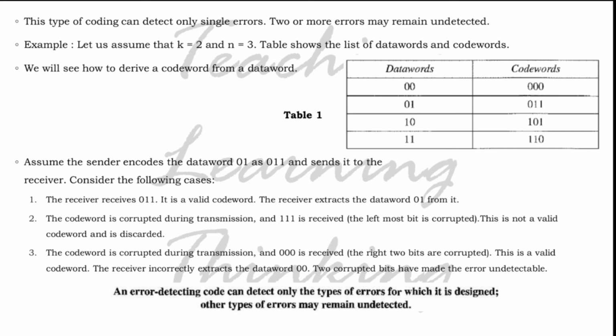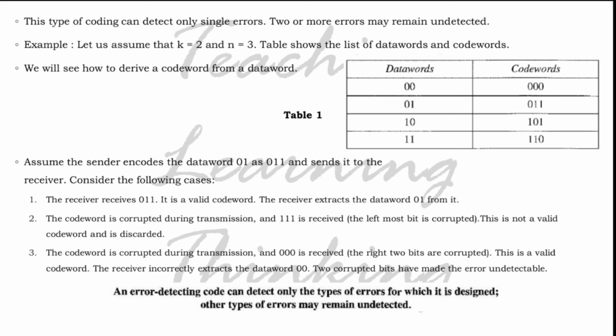The rightmost 2 bits are corrupted. This is a valid code word, so the receiver incorrectly extracts the data word 00. The 2 corrupted bits have made the error undetectable. Since 00 has the code word 000, it will be accepted as a valid code word and valid data word, and the 2 bit error remains undetected.